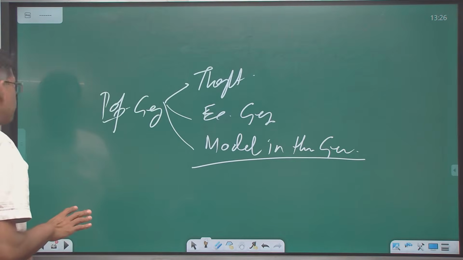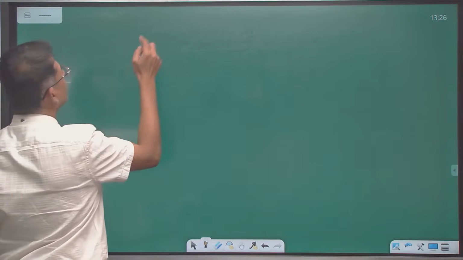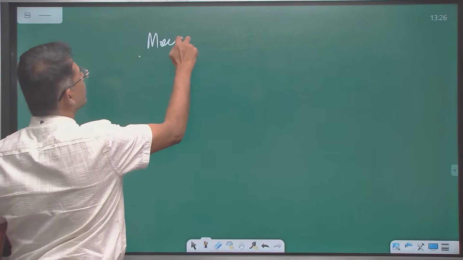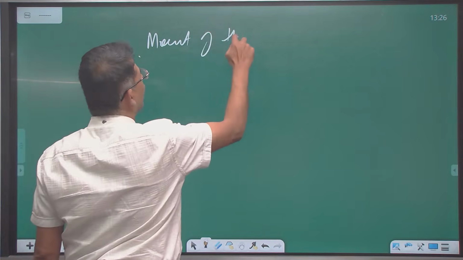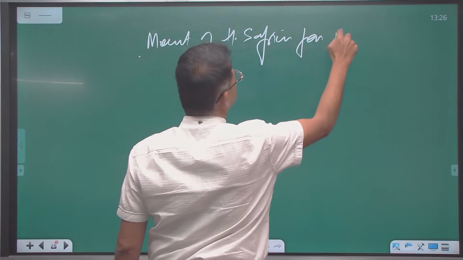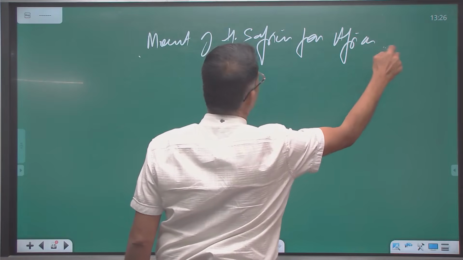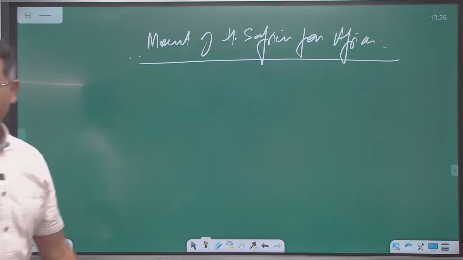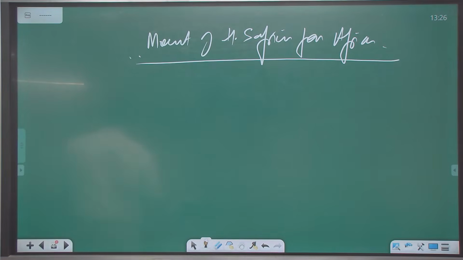Now, some discussions here. Movement of Homo sapiens, the movement of the human species from Africa.